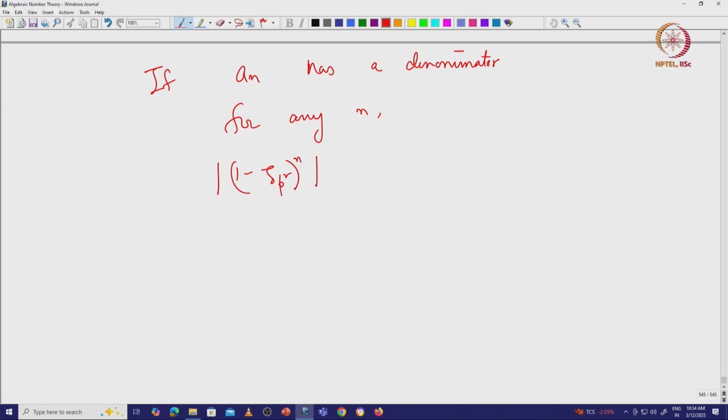The power of p that occurs here is less than the power of p that occurs in 1 minus zeta to the n for all 0 less than or equal to n less than or equal to p to the r minus 1 into p minus 1 minus 1. Okay.